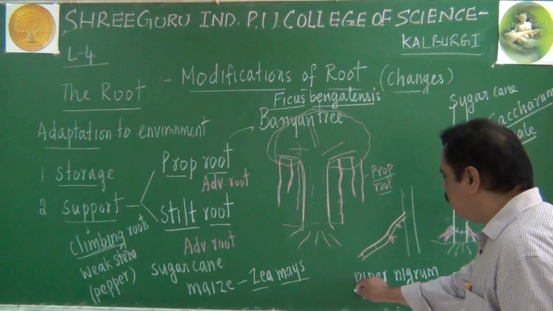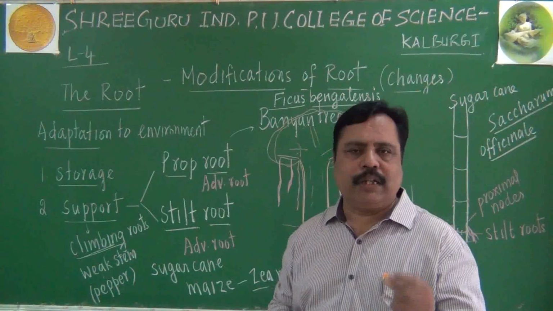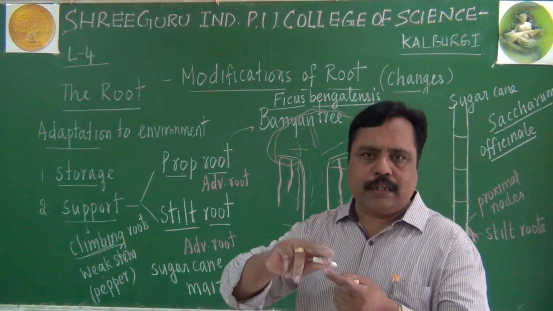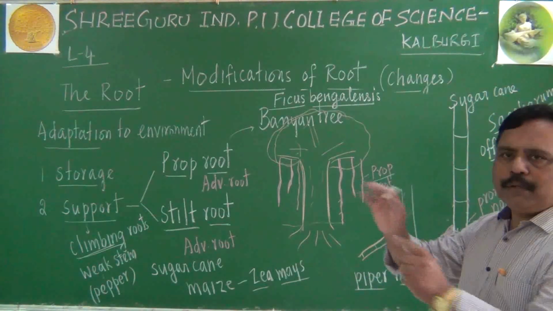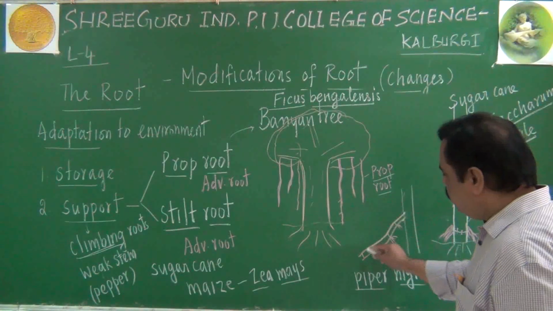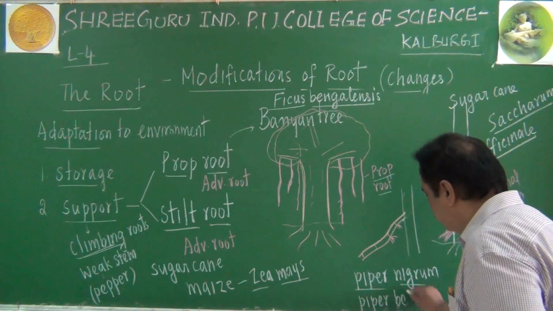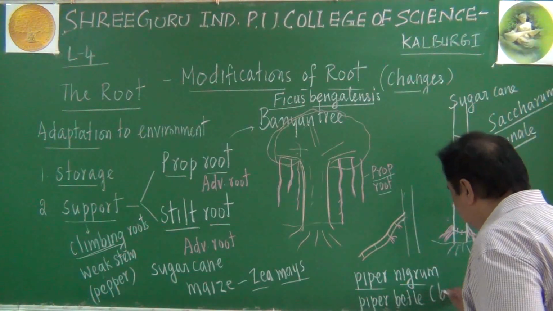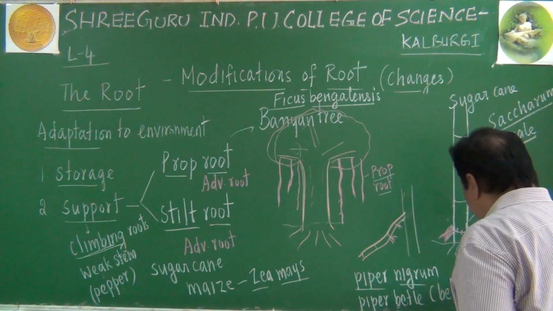Even you might have heard about betel leaf. That betel leaf is also exhibiting this type of climbing root. Piper betle it can be called. Piper betle. This is called betel leaf.